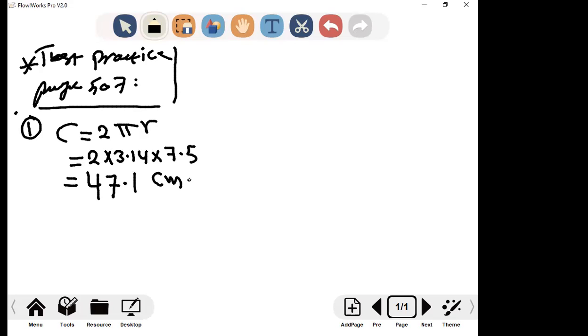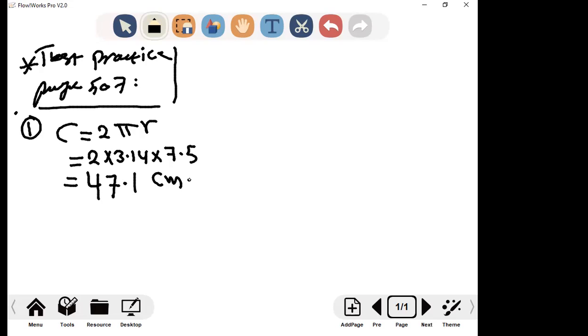Question 2. Let's read together. Jamie's bicycle tires have the diameter shown. What's the diameter? 20. How many inches in length is the circumference of each tire?